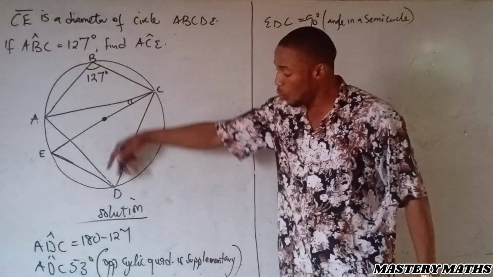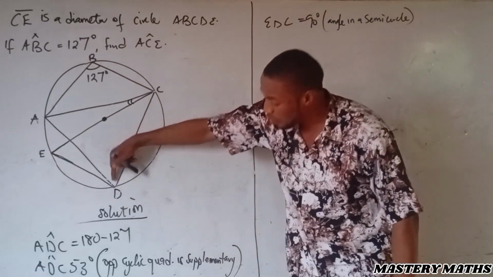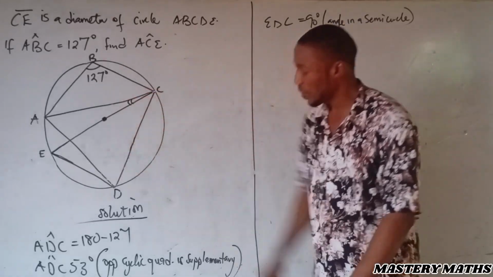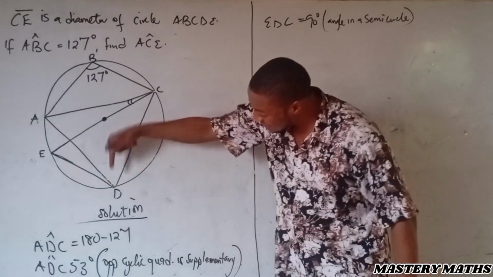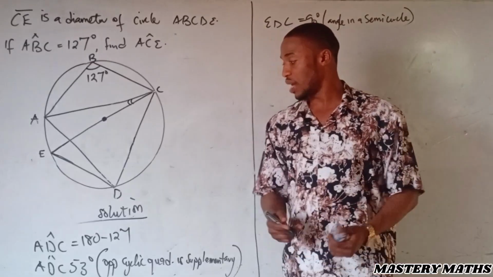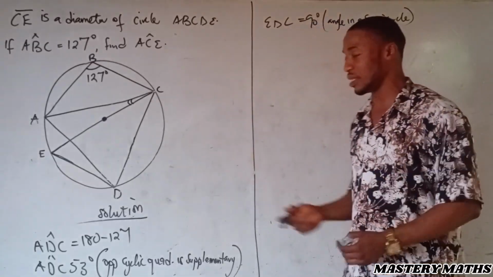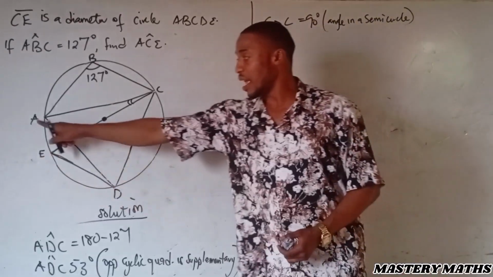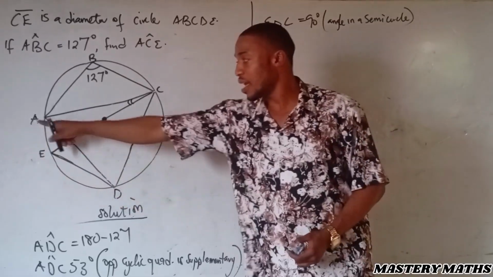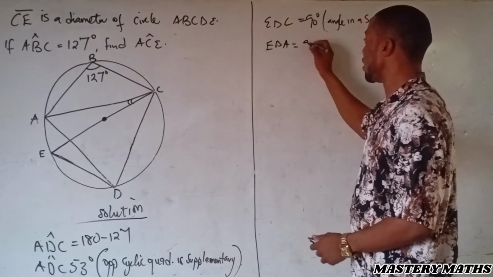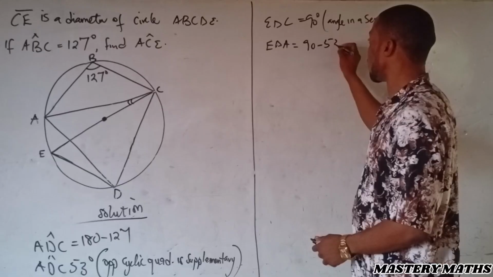Now, we need to know one of the angles here, because in this angle we have two angles: 53 degrees and 90 degrees. We want to make use of one angle. How do we get the one angle? Very simple. EDA will be 90 degrees minus 53 degrees.